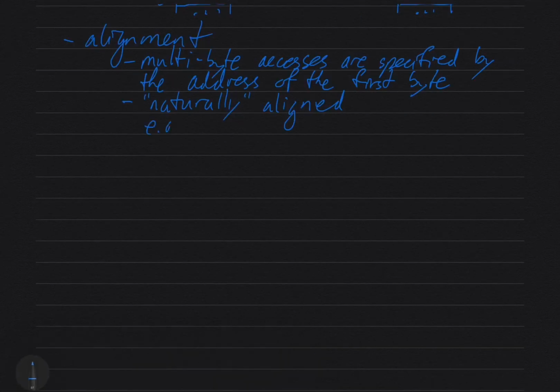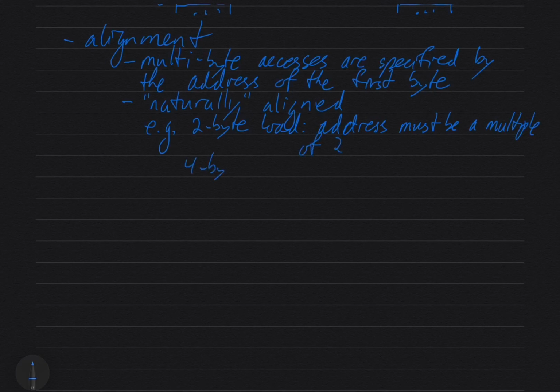For example, for a 2-byte load, a load is just reading from memory, the address must be a multiple of 2, and for a 4-byte load, the address must be a multiple of 4.